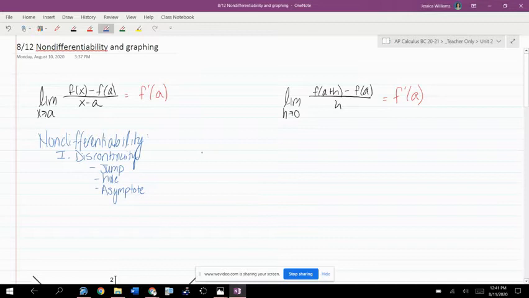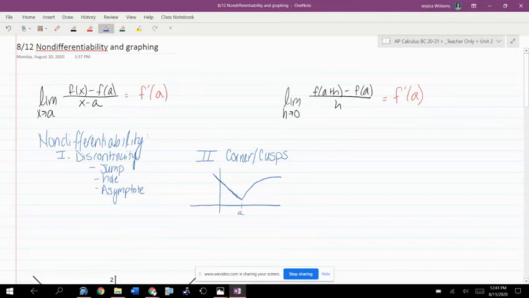The second place where you cannot take a derivative because the left and right limits don't match are places called corners or cusps. So for example, if I have a squiggle wiggle that's not very squiggly at all, but comes in with a very straight line and then curves like that, this is my value a that I cannot take a derivative at.